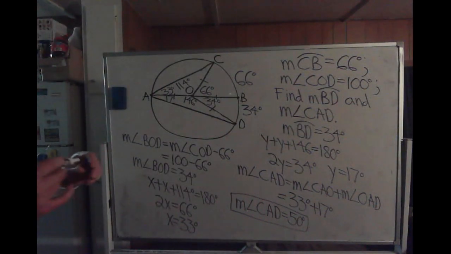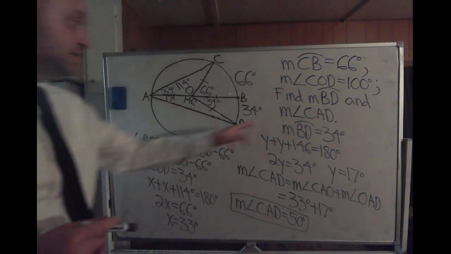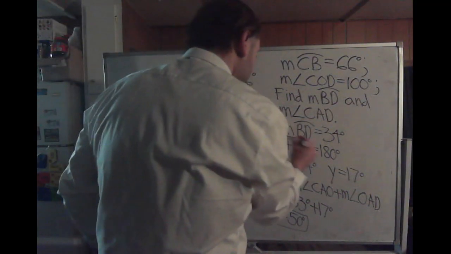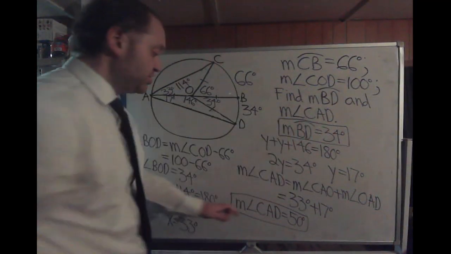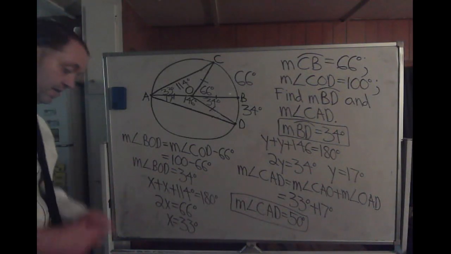So the measure of arc BD is 34. Let's put a box around that for the answer. The measure of angle CAD is 50 degrees.